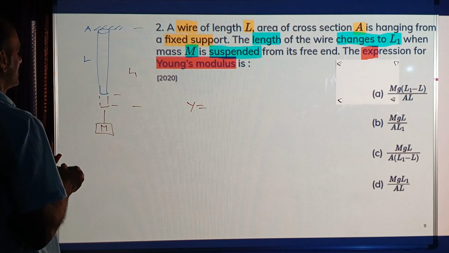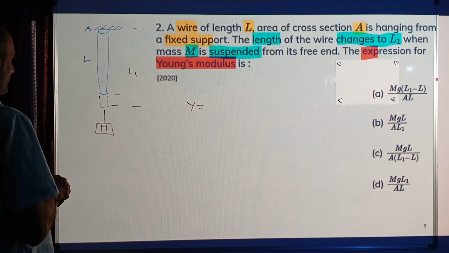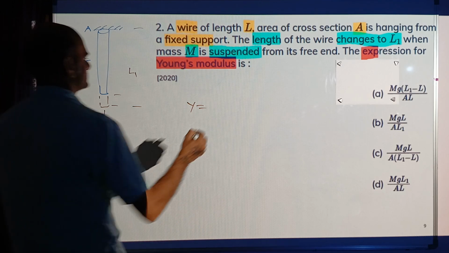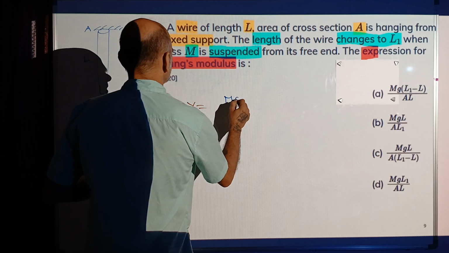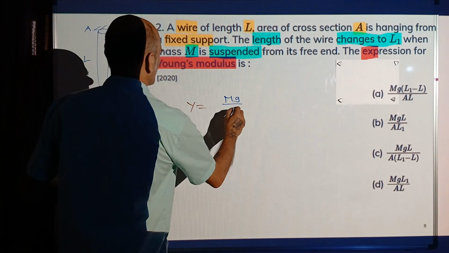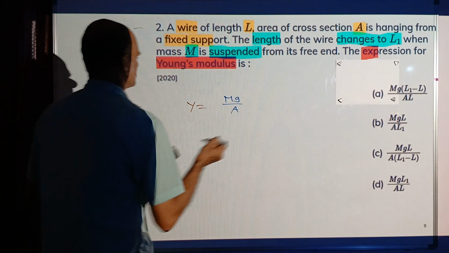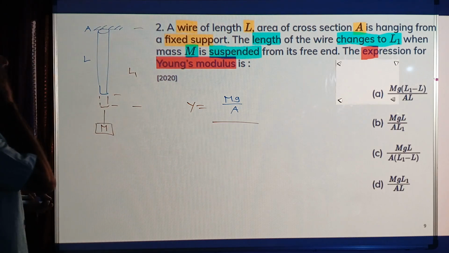Stress by strain. Stress is force per unit area. Here the force which is stretching the wire is the weight of this block, which is due to gravity, and the cross section area is A. So this is stress divided by strain, which is change in the length by original length.